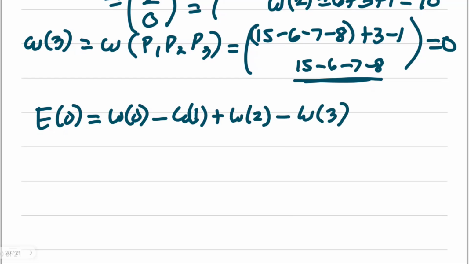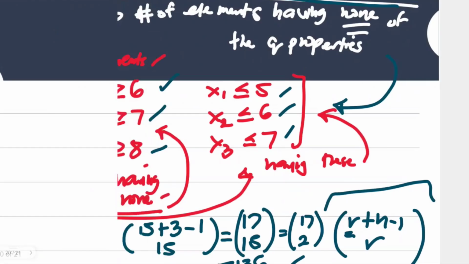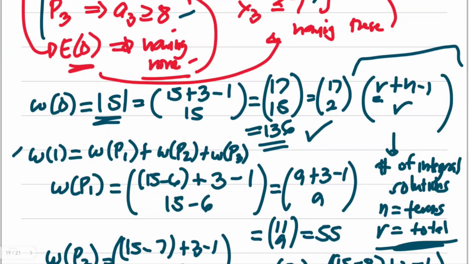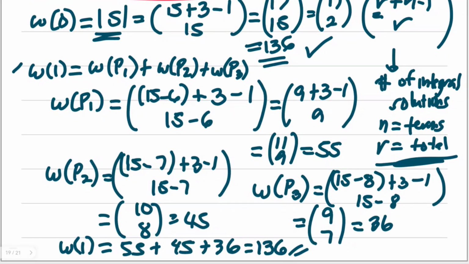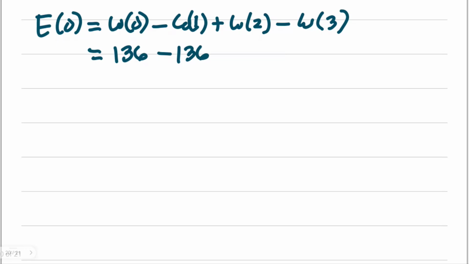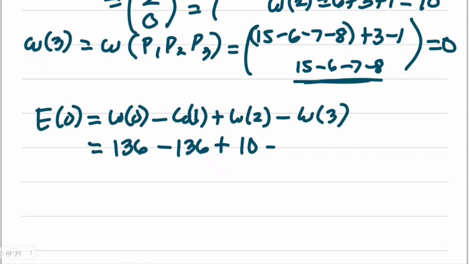We end at omega of 3 because we only have 3 properties, right? Your omega of 0 is given as earlier, 136, minus the total omega of 1, which is 136, plus omega of 2, the total for that is 10, minus 0. So we have the result, which is equal to 10.